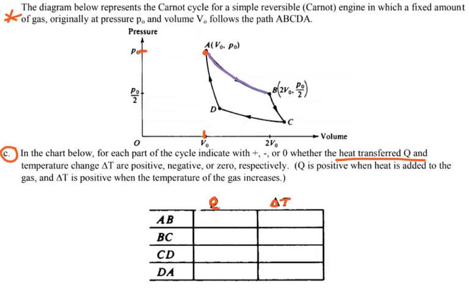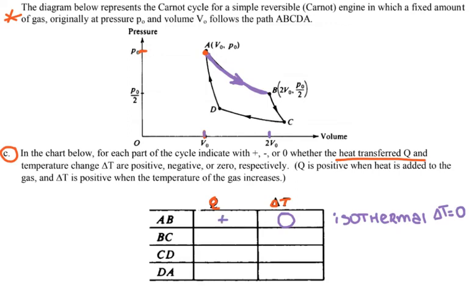in a Carnot engine, this process is isothermal. Isothermal means the change of the temperature is equal to 0. If the change of the temperature is 0 and the gas is expanding, going from V sub 0 to twice as much volume, then heat must be added into the system.